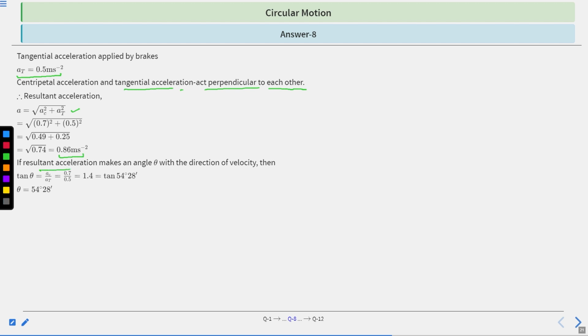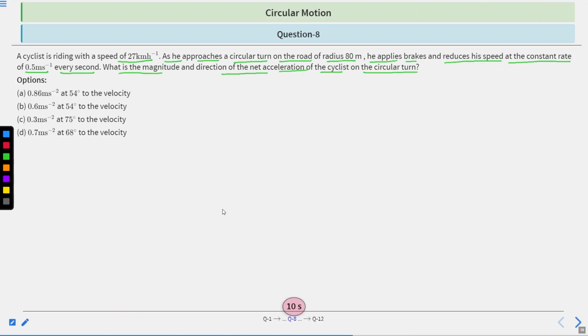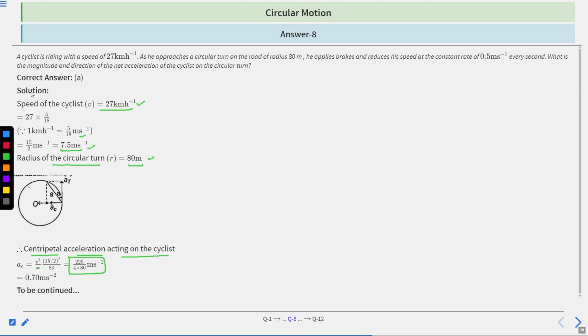If the resultant acceleration makes an angle theta with the direction of velocity, then tan theta equals AC upon AT, so theta is 54 degrees. So the correct answer is 54 degrees and 0.86 meter per second squared. A is the correct answer.